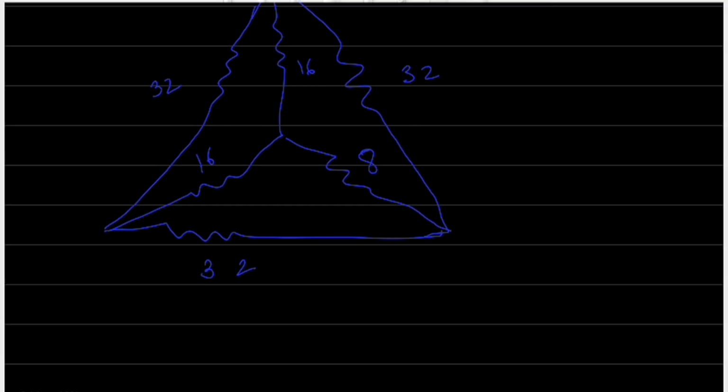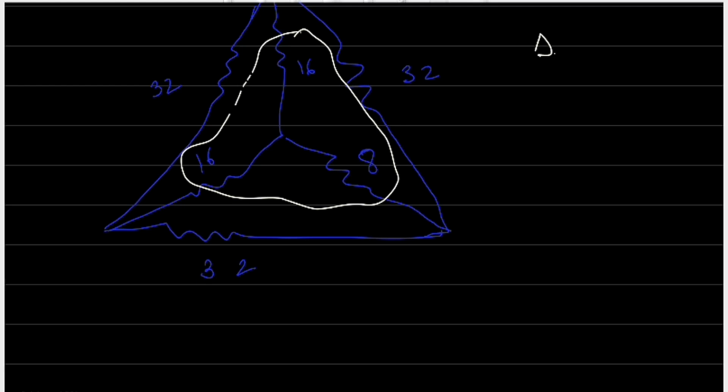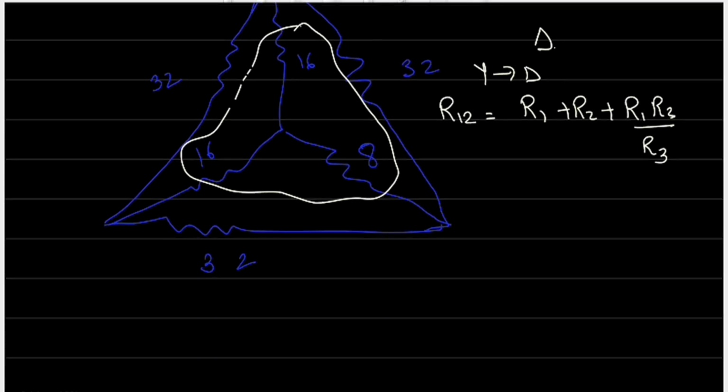Now we will convert this star into delta. So to go from star to delta, we have the formula R12 is equal to R1 plus R2 plus R1 into R2 upon R3, isn't it? So same way we can apply here also.